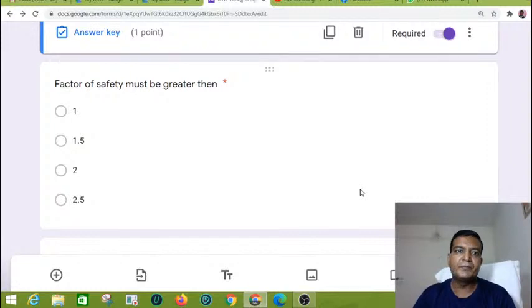Next objective: factor of safety must be greater than.